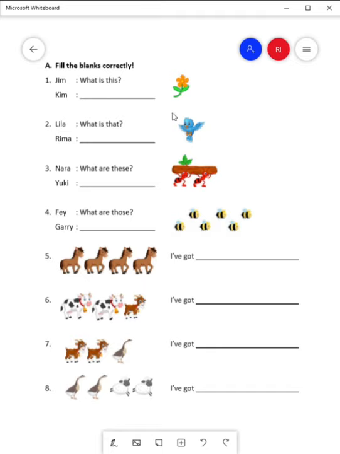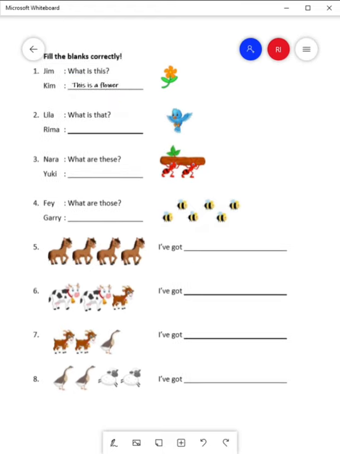Now look at the picture here. This is actually a flower because there is only one flower here. So we just have to write here, this is a flower, like that.